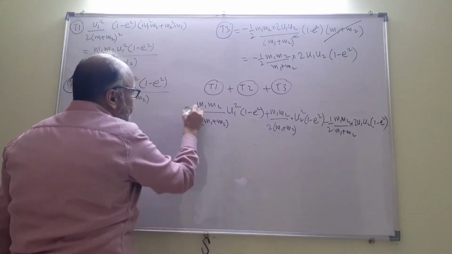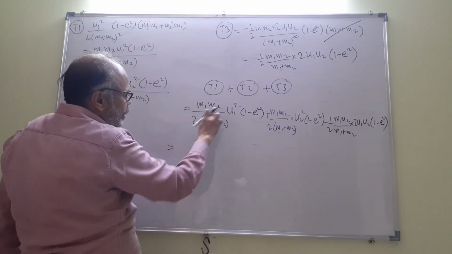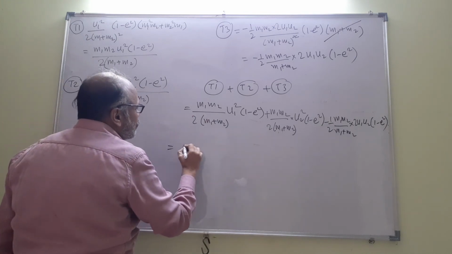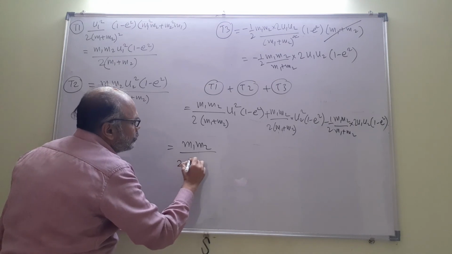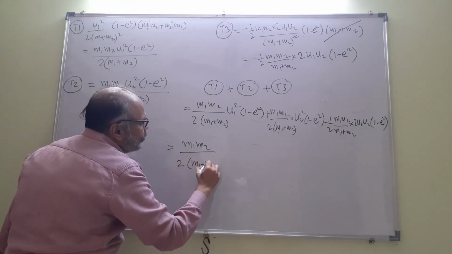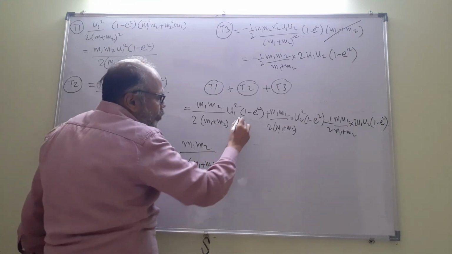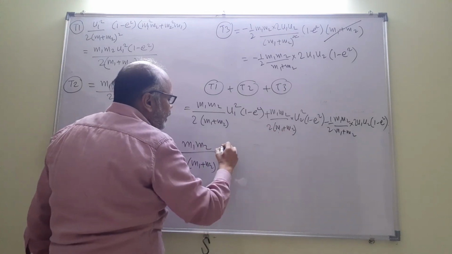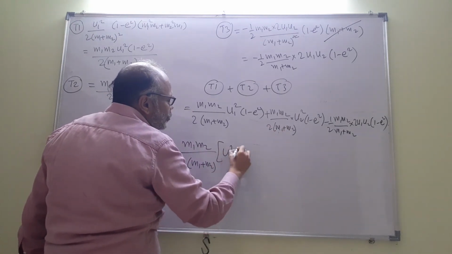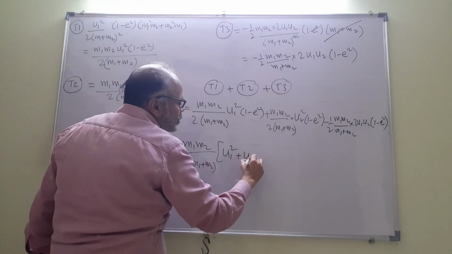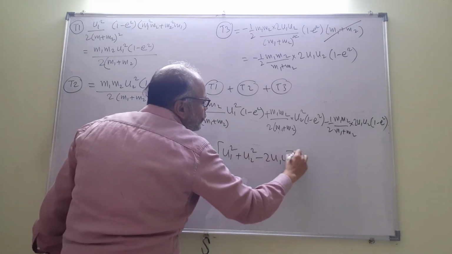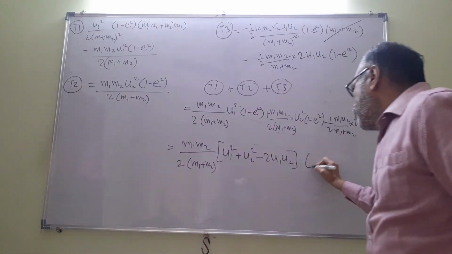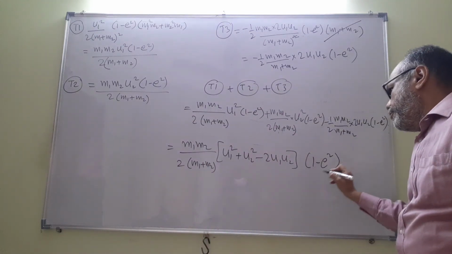So a lot of things are common here. m1 m2 by 2 m1 plus m2 is common. 1 minus e squared is also common. We'll take it out there. u1 squared plus u2 squared minus 2 u1 u2 into 1 minus e squared.